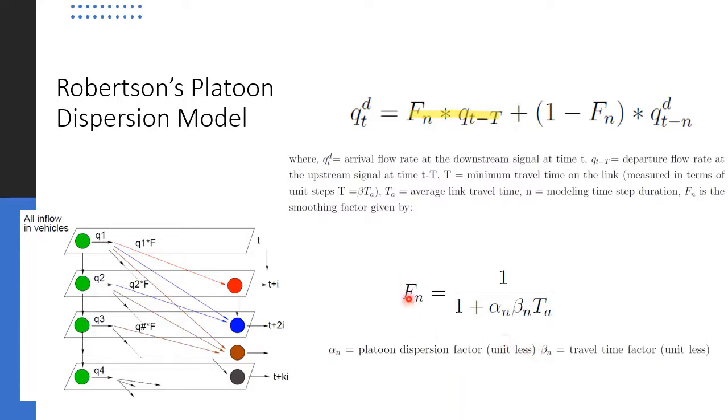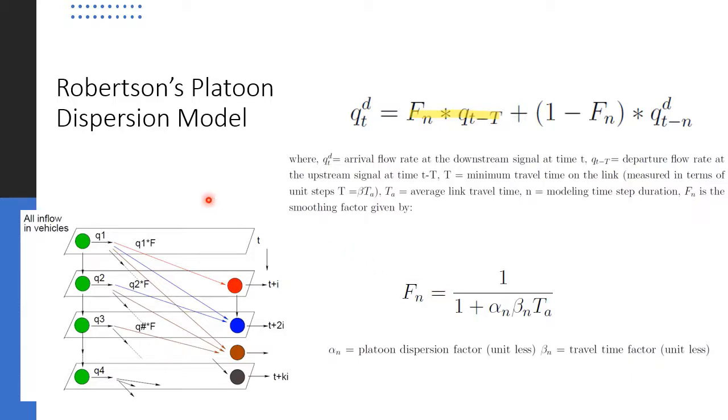So this Fn is a smoothing factor, which depends on the Platoon dispersion factor alpha n, the travel time factor beta n, and Ta, the average link travel time. We may know the average link travel time, and for every Platoon we can use it to get the actual travel time between the two nodes.